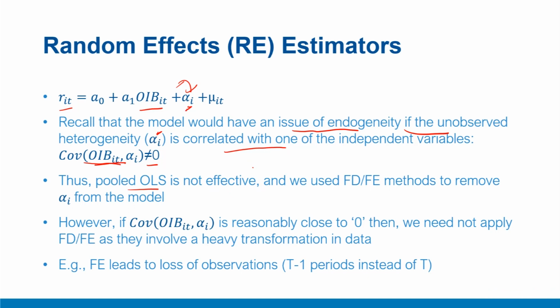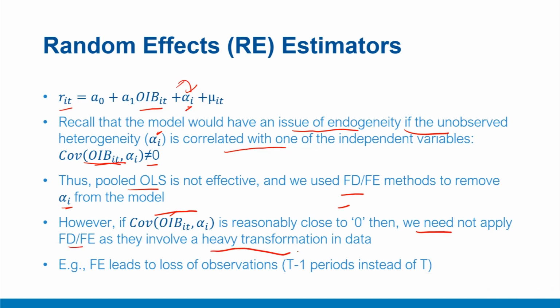The estimates may be biased and inconsistent, and therefore we needed heavy transformations such as first difference or fixed effect methods to eliminate this alpha i from the model. However, if you have a strong reason to believe that this correlation or covariance between unobserved heterogeneity and the independent variable is close to zero, then you need not go ahead with such heavy transformations as FD or FE.